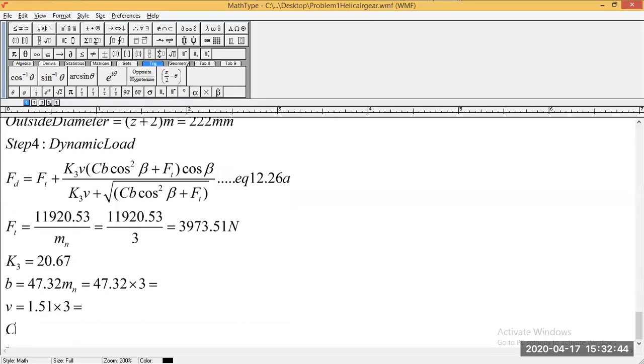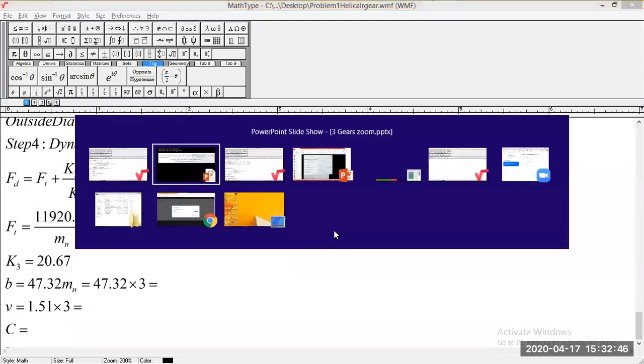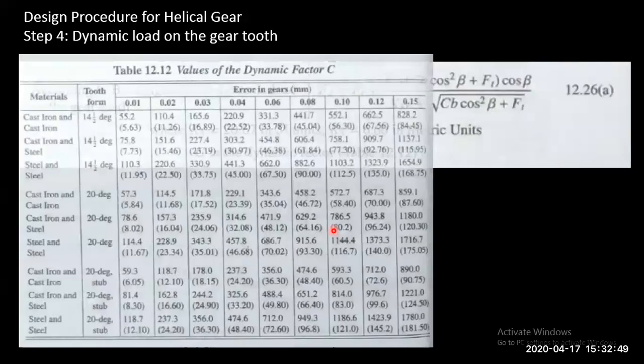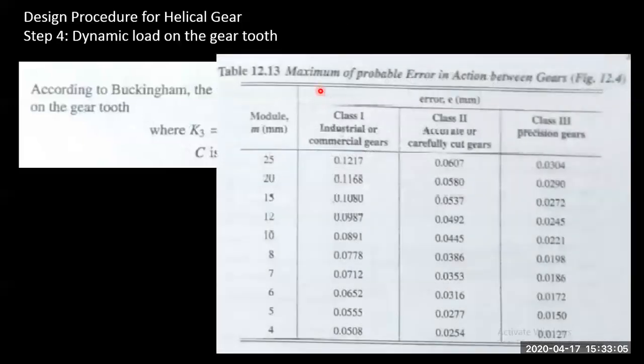So for C there is an entirely different procedure. Let's check it out. Same as how we solved the spur gear. For getting the value of C here, we need to check which error we get. So for error, we need to refer to the next table, that is type of error according to the cut criteria.